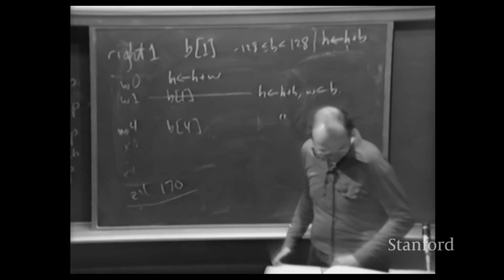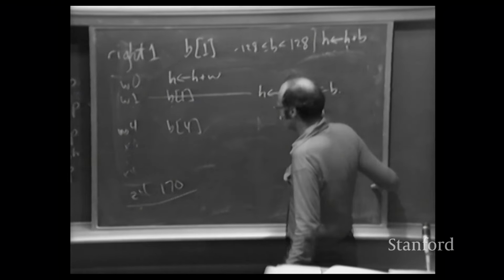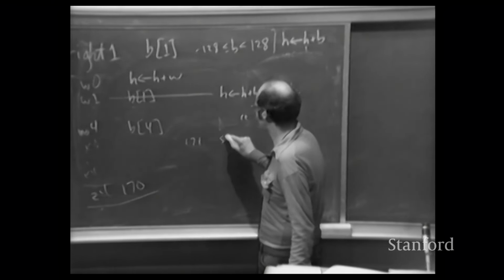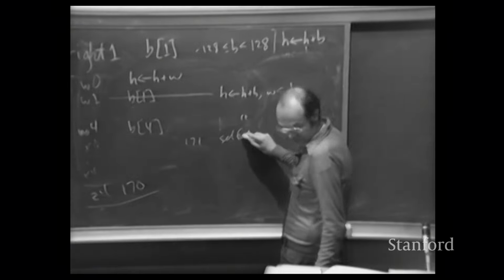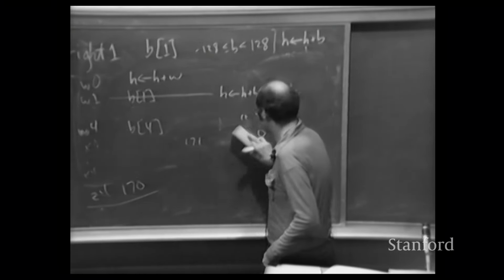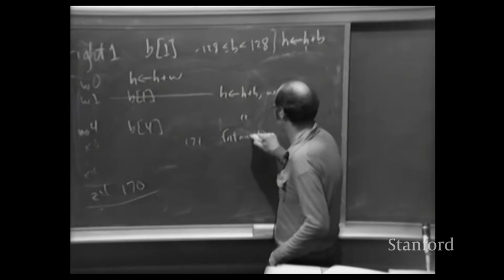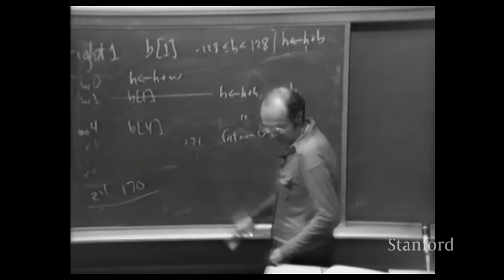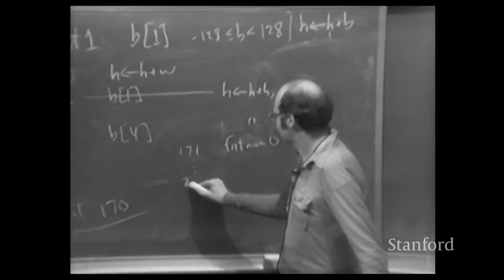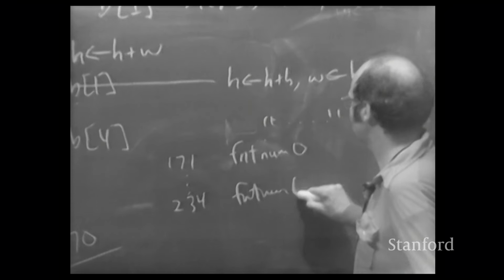Well, the next 64 of them are all to change the current font. So 171 is set font 0, or fnt_num_0, excuse me, which is the official name, up to 234, which is fnt_num_63.